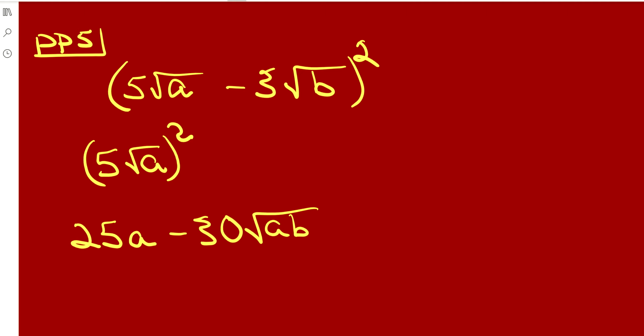And then my last term here is going to be this negative 3 square root of B, like this, squared. So this is always going to be positive when I square something. 3 squared is 9.